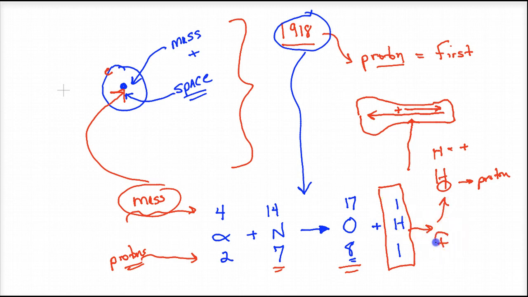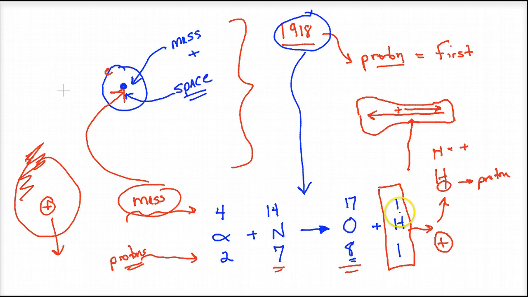So it's the first element made up of only one thing. Hydrogen, as we'll come to know, is 1 proton and 1 electron, and without an electron, it's just a proton. So he figured that hydrogen was made up of just 1 proton, so there was nothing left of it, and its mass was fundamentally 1 due to the 1 proton.